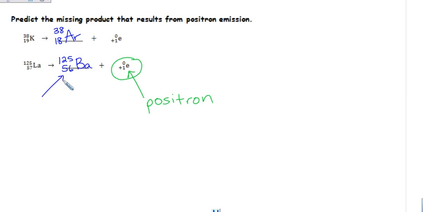Barium. So it's this guy, the atomic number, that identifies the element and gives you the symbol. 125 plus 0 is 125. And then on the bottom, 56 plus 1 gives me the original 57 from lanthanum.